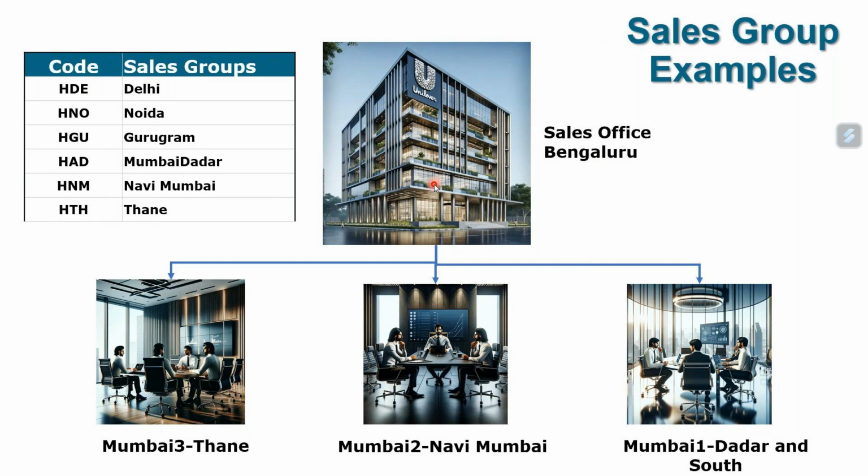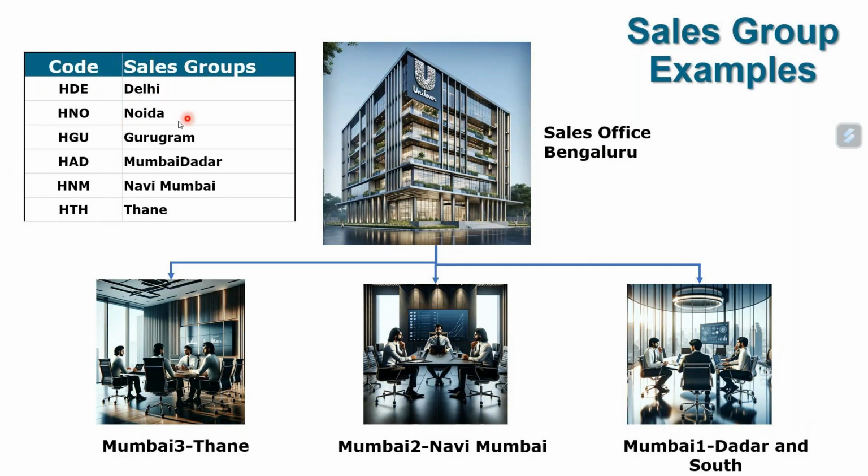When the national sales head has a review, he will look at numbers for Mumbai, then have a review with each of them, where each will represent their own sales. So I did so much sales, I did so much sales, is how they would say.